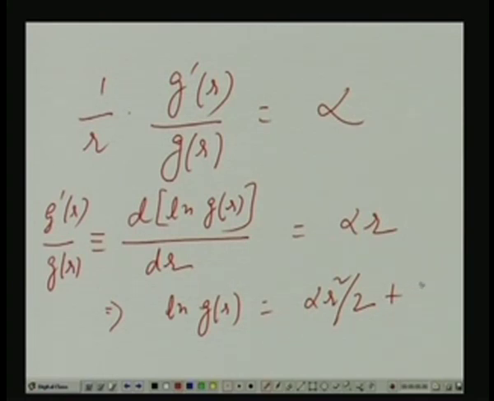So, the integral goes from some initial point to r, which means g r will be e to the power of this entire thing, and e to the power c will give rise to a constant.